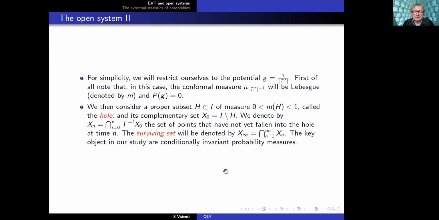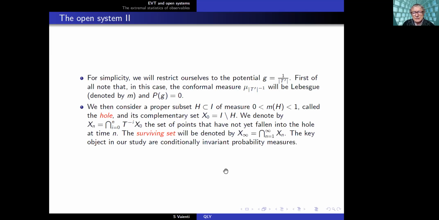A very easy map of the interval, a piecewise continuous map with a derivative larger than 1, which makes the map expanding. And we consider a conformal measure. We can consider it as the ambient measure on the phase space, which is Lebesgue, which is just the eigenfunction of the dual of the operator which I gave you before.